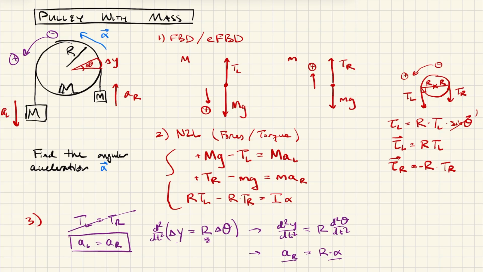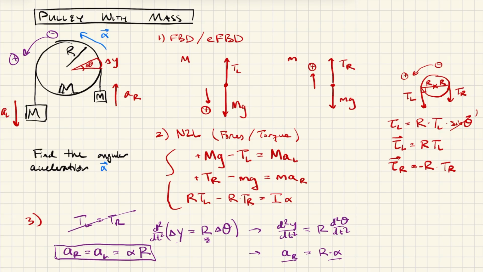This makes sense, right? The amount of line spooling or unspooling from the pulley should be related to how quickly the masses are accelerating up and down. And so what that means is we can extend our constraint on the accelerations a little bit, okay? We can now include AR equals AL is also equal to alpha times r, where alpha is the rotational acceleration of the pulley that's spinning.